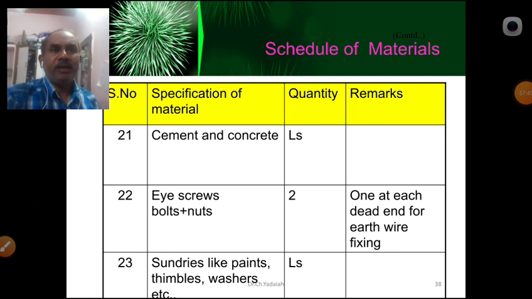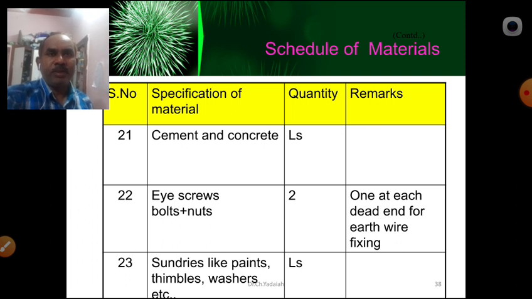Cement and concrete are lump sum, based on the requirement. Eye screws, bolts and nuts, one at each dead end for earth wire fixing, so 2 numbers are required, and sundries like paints, thimbles, washers, etc. are lump sum, based on the position requirement.